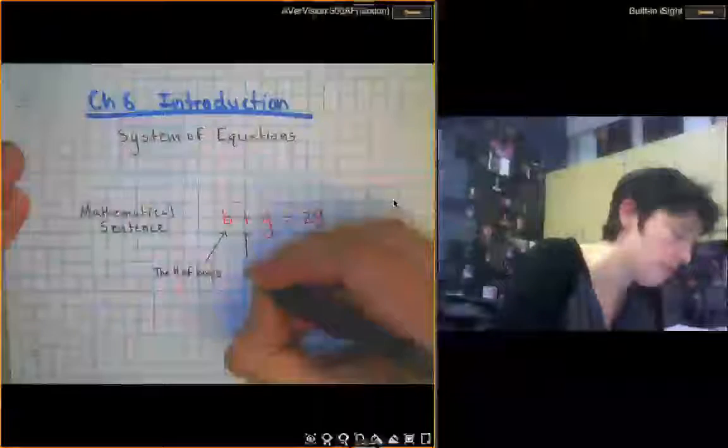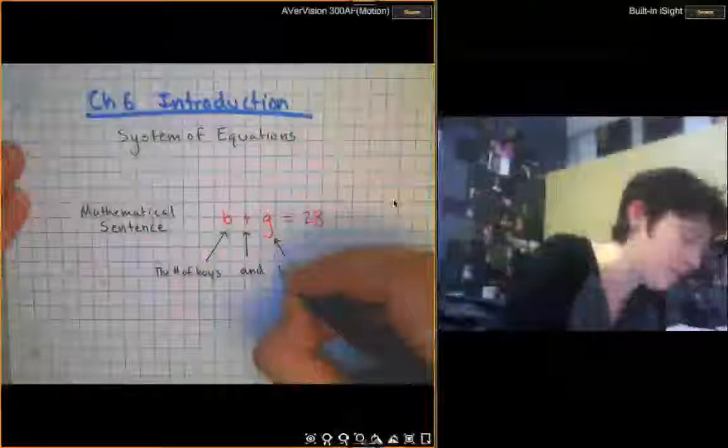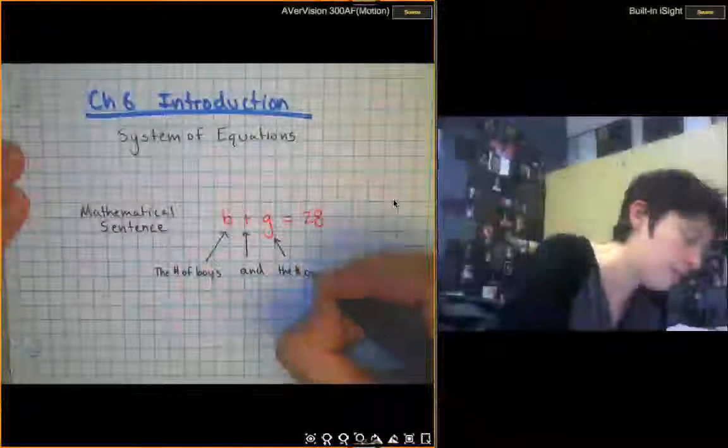Breaking that math sentence down, it breaks into words like this. B is the number of boys in our class, and the plus sign means and. G stands for the number of girls in our class. And this is translating into our English sentence.